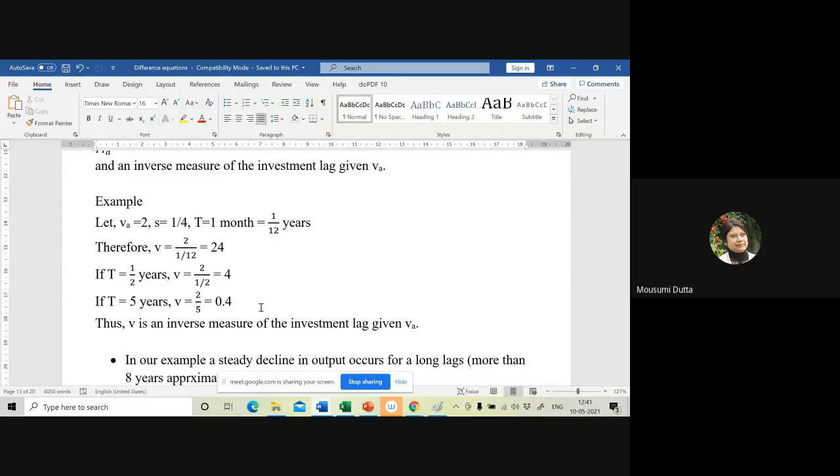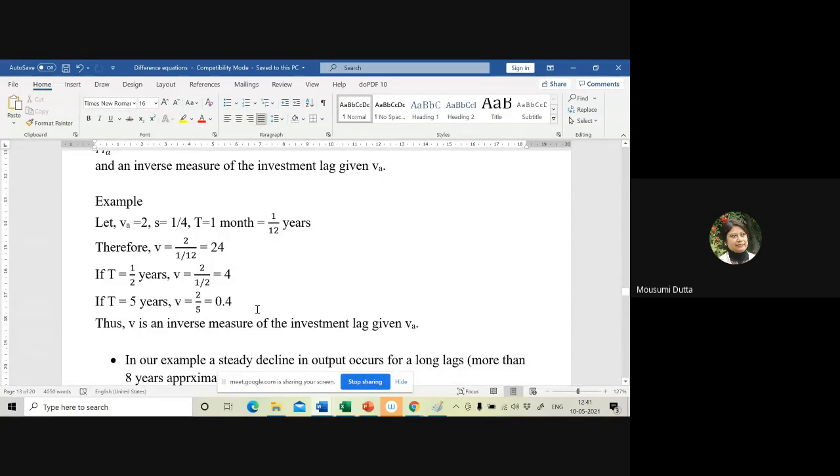However, if the time horizon is very small, there is a chance that the value of V will be very, very high, and in that case it is possible that you will have a divergent time path.